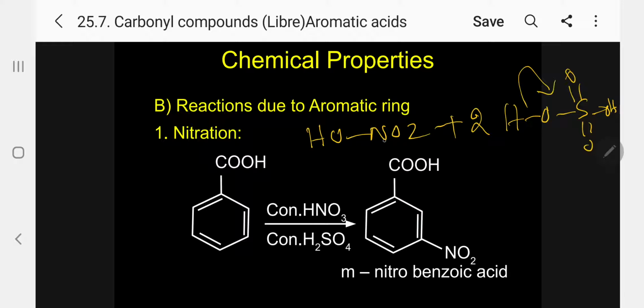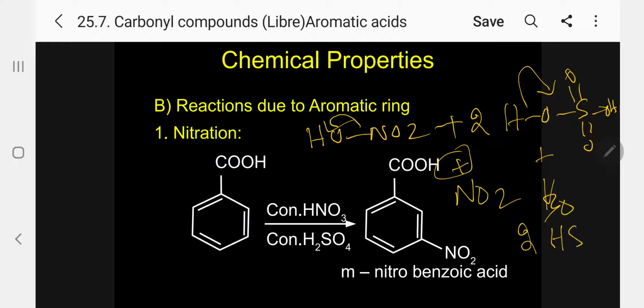It produces NO2 plus, the attacking electrophile, plus H3O plus, plus 2 HSO4 minus. So this is the reagent that is formed in the first step of the reaction mechanism.